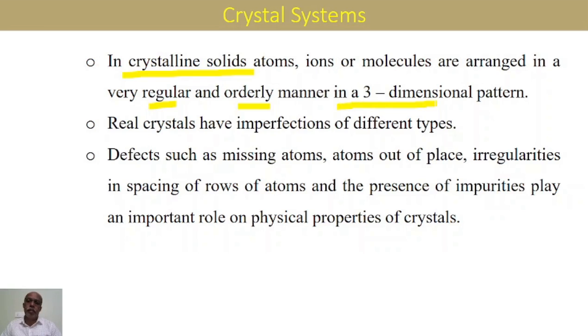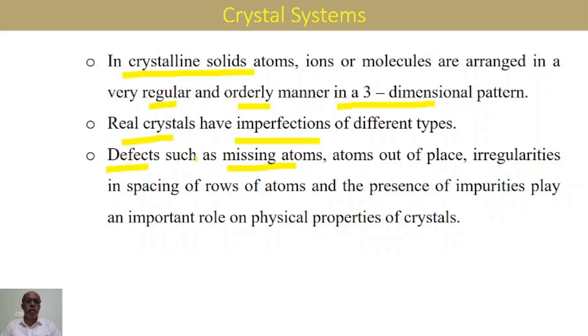But in case of real crystals, we can see imperfections of different types. And these imperfections may be due to the missing atoms. The imperfections are called defects.